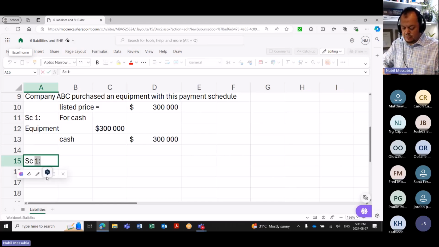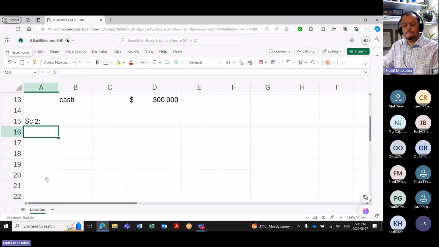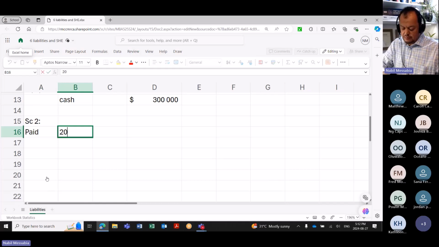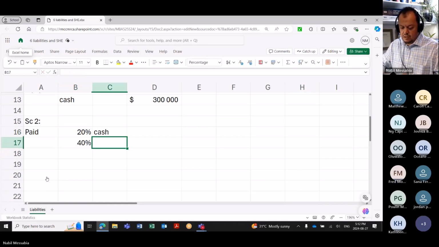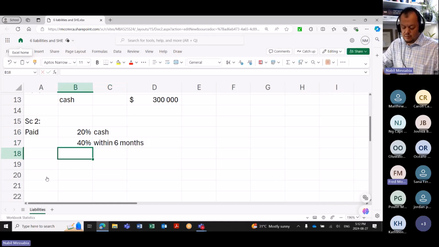Scenario two, let's presume that it was agreed to pay this way. Let's say 20% cash, 40% within 6 months, and the balance within 2 years.